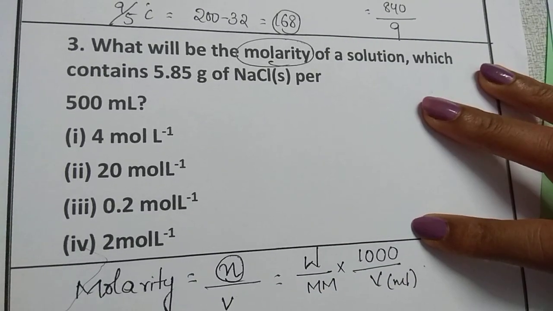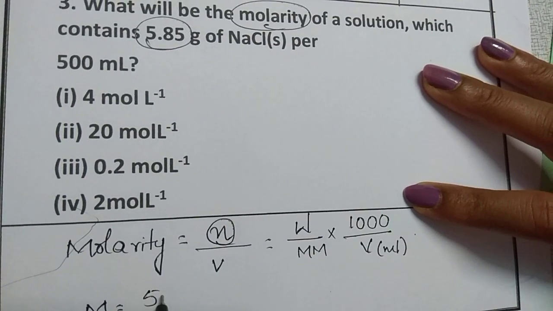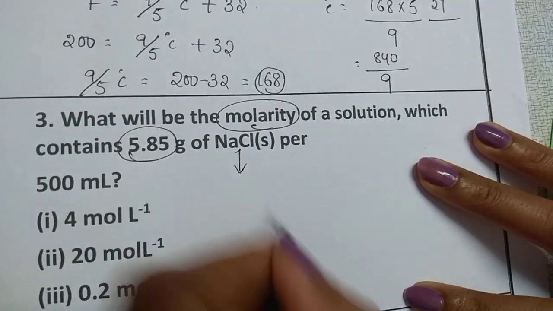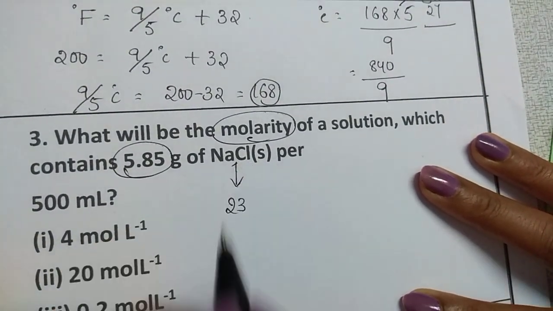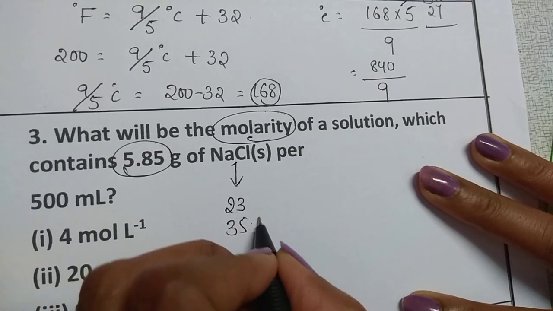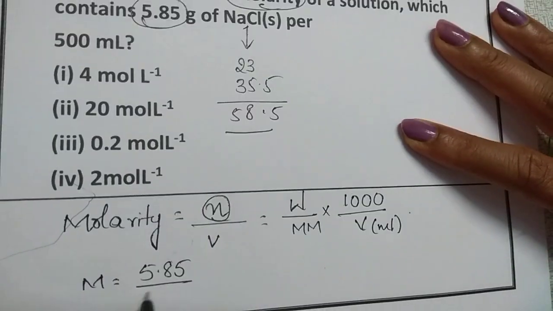Okay. Now molarity is equal to, weight is already given in the question. Just substitute 5.85. NaCl molar mass is, sodium is 23 and chlorine is 35.5, so the molar mass is 58.5.